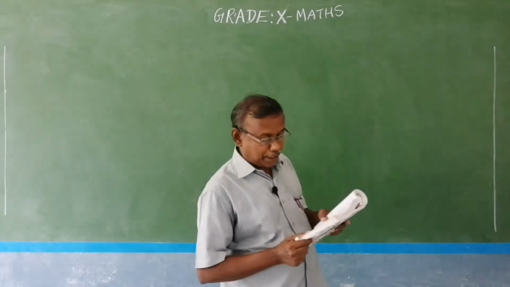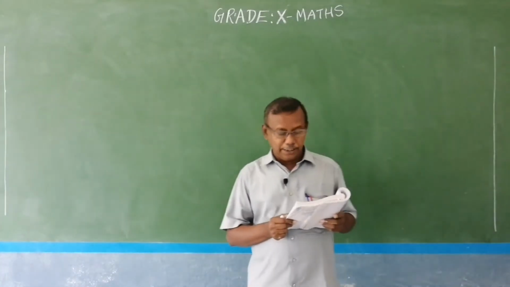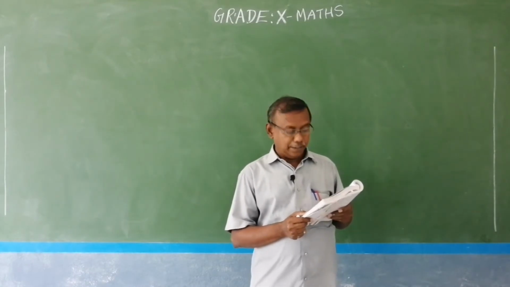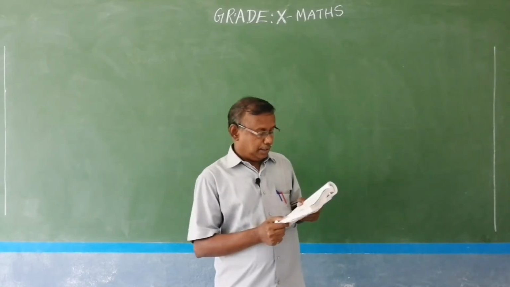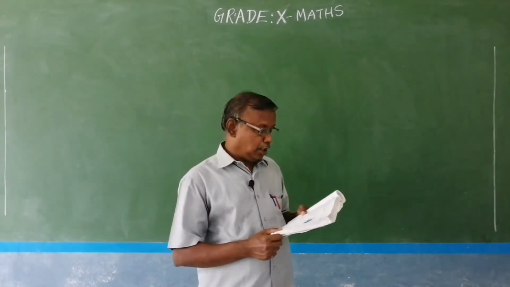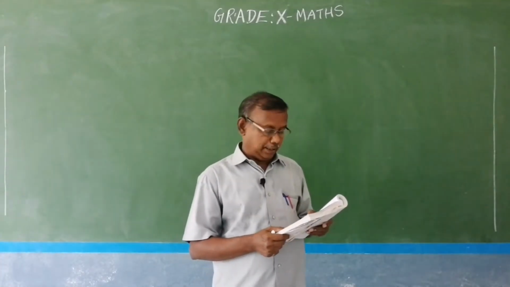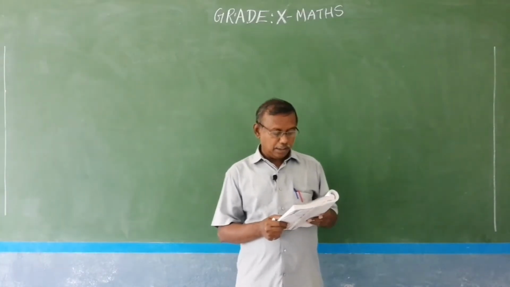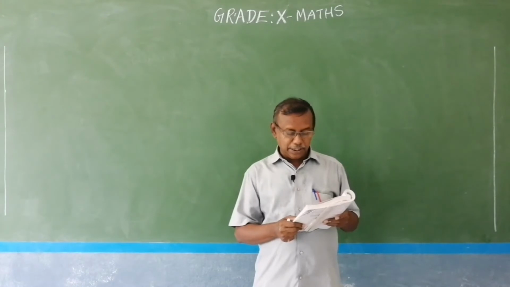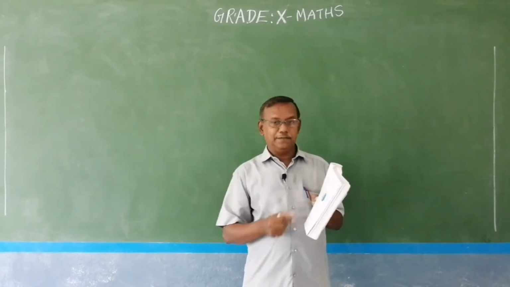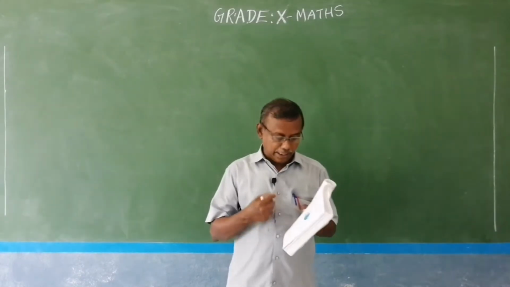Please go to page number 123 in the mathematics book. The heading is similarity of triangles. Here in the third line, look at this: two triangles are similar if their corresponding angles are equal and their corresponding sides are in the same ratio, that means proportional. So this is the main condition for similarity of two triangles.